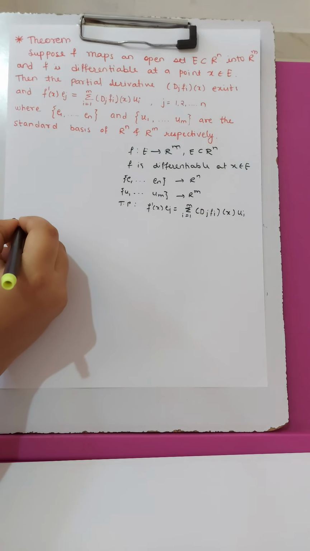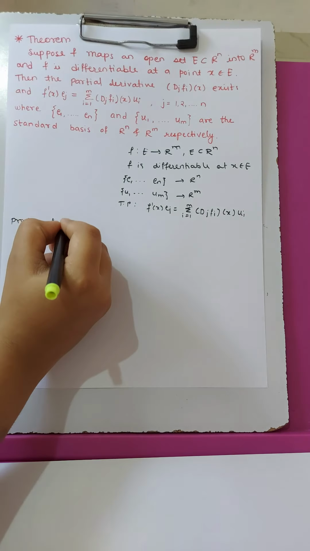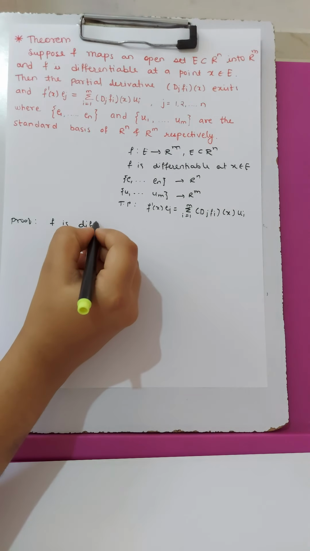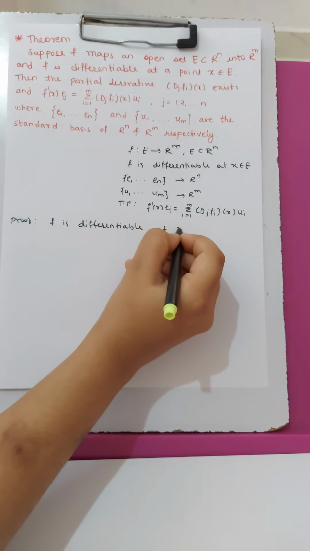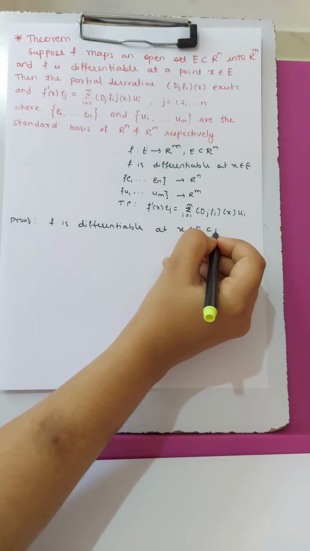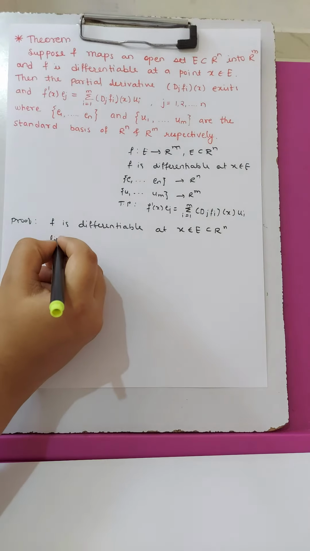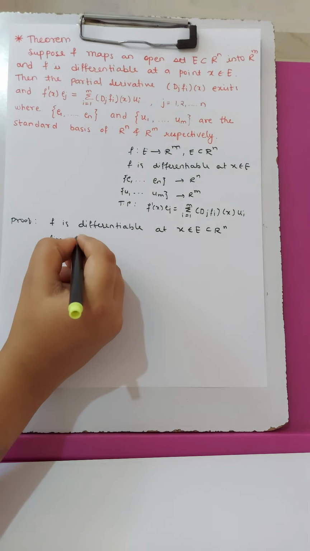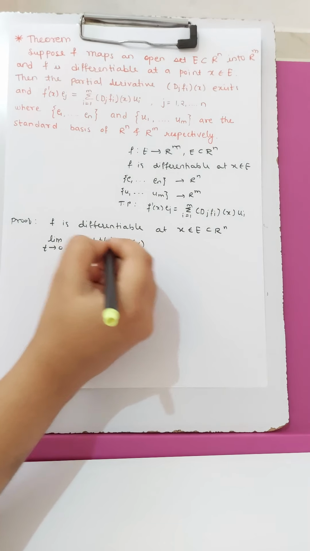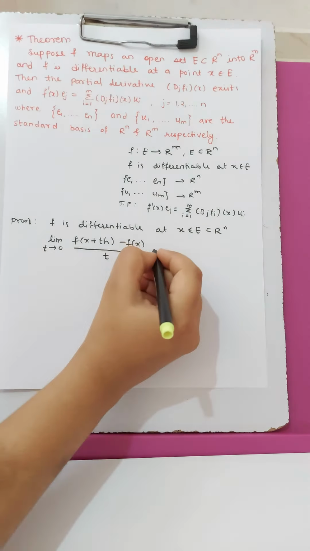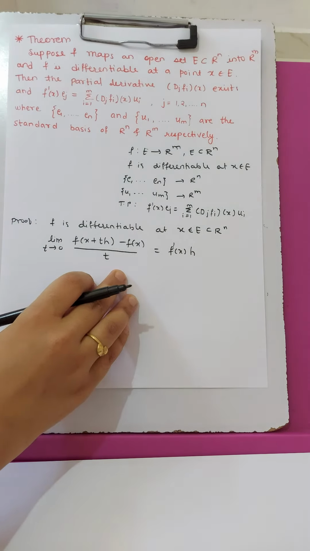So let's start with the proof. Now here given that this f is differentiable at each x belongs to E, which is a subset of Rn. Therefore, by the definition of differentiable, limit t tends to 0, f of x plus th minus f of x upon t is equal to f dash of x h by definition of differentiable.